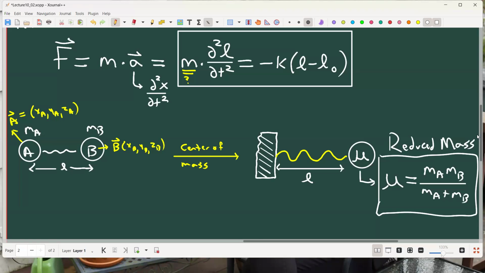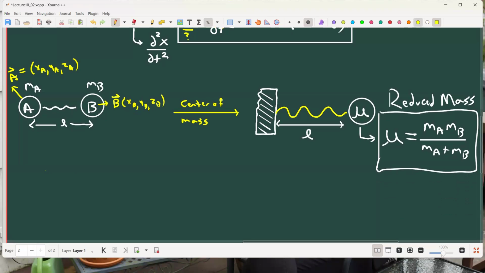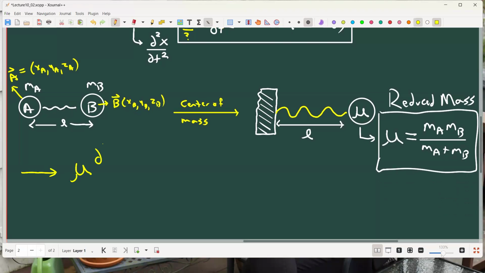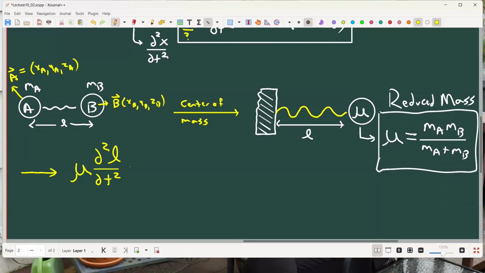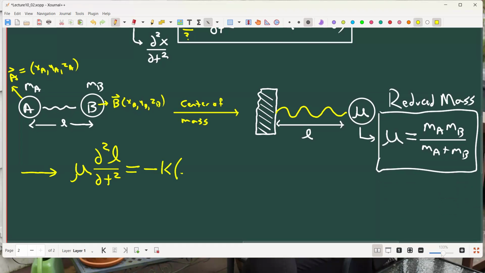So what I can do now is relabel this equation. Now I have mu times the second derivative of position with respect to time equal to minus k (L minus L naught).